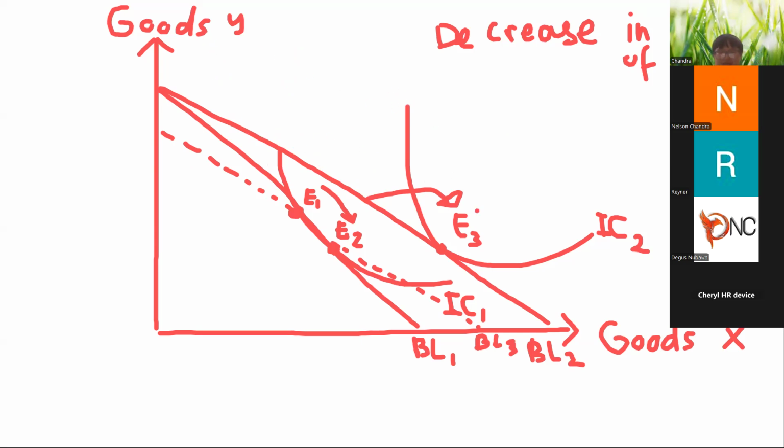So basically, what is going to determine normal, inferior, or Giffen is where you draw your indifference curve 2. That is what is going to determine whether the good is normal, inferior, or Giffen.